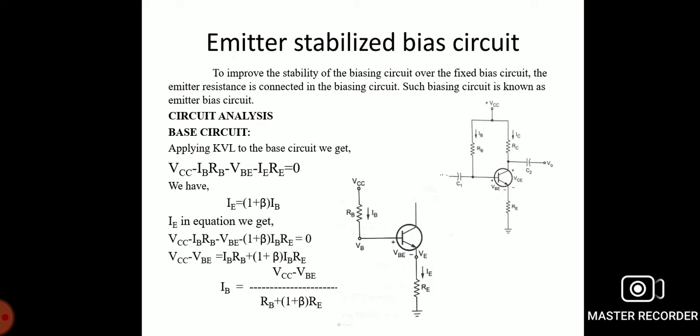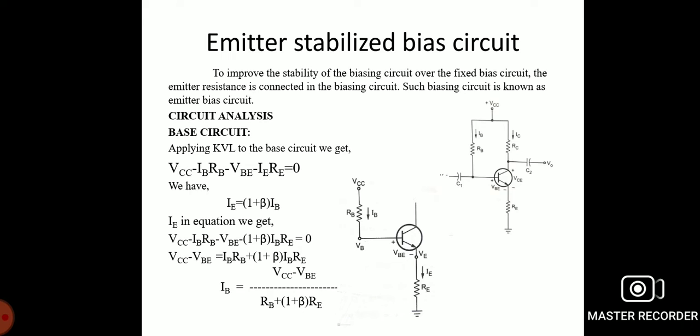Substituting IE in the Kirchhoff's voltage law equation: VCC minus IB into RB minus VBE minus 1 plus beta IB into RE is equal to 0.